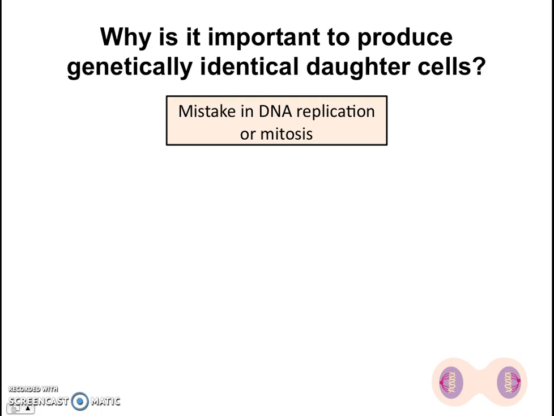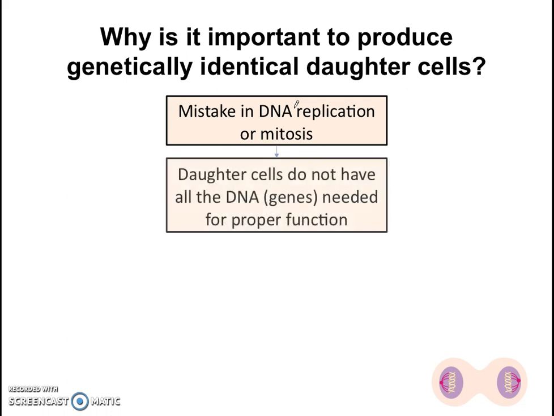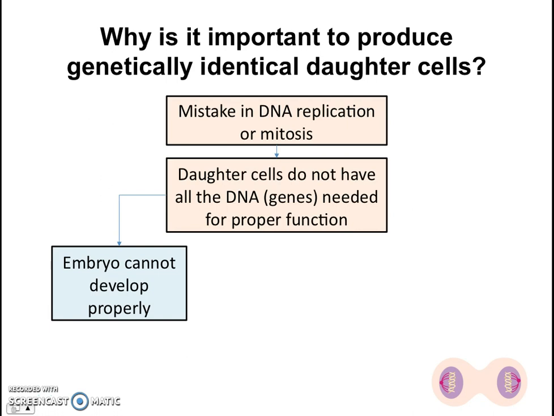Well, imagine that there is a mistake in DNA replication or mitosis. The copying of the DNA is not accurate. Then you end up with daughter cells which are missing DNA or missing genes or missing chromosomes. And as a result, these daughter cells won't be able to function properly like all the other cells in the body. Now, the consequences are especially bad in the case of embryo development.